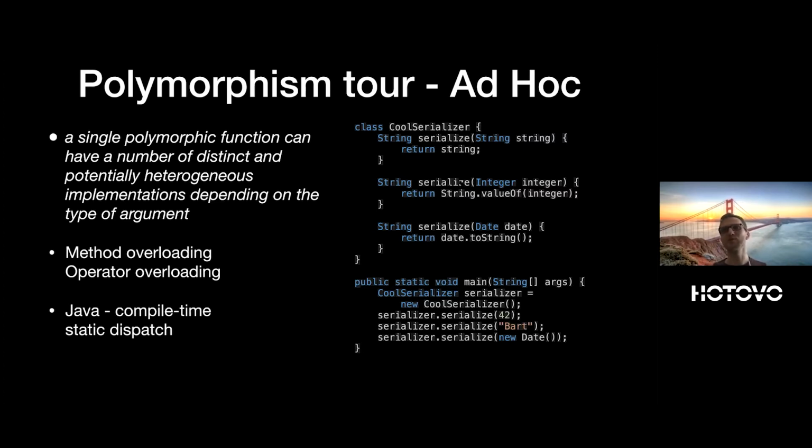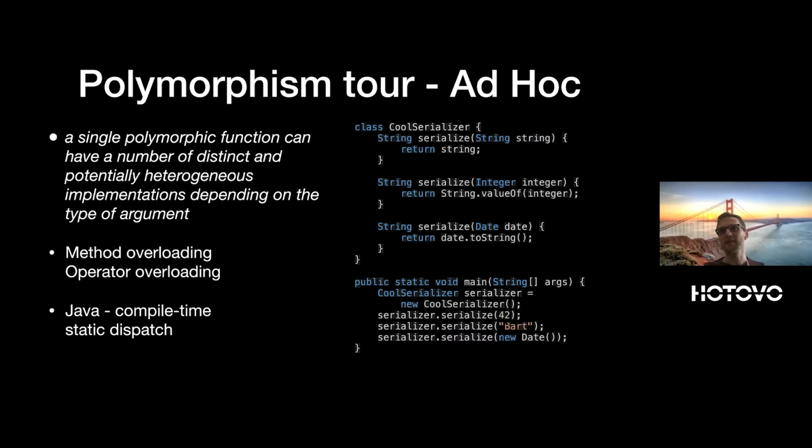It's just using the types and the type capabilities. That's why it's ad hoc, we're using the type system in a way that we implement the polymorphism differently.